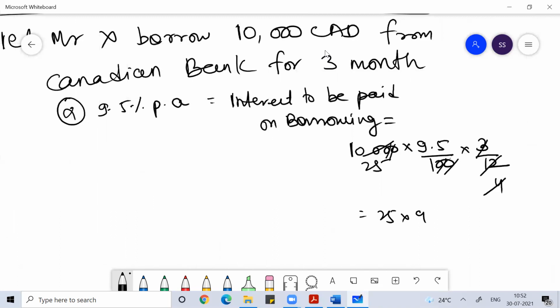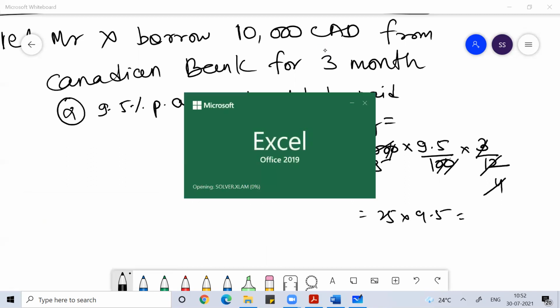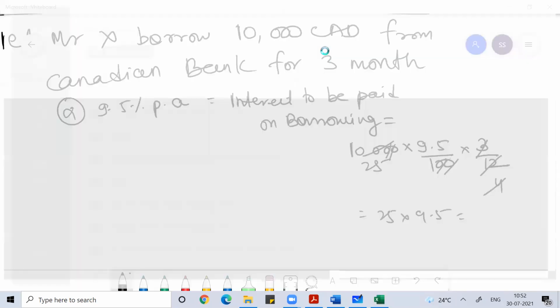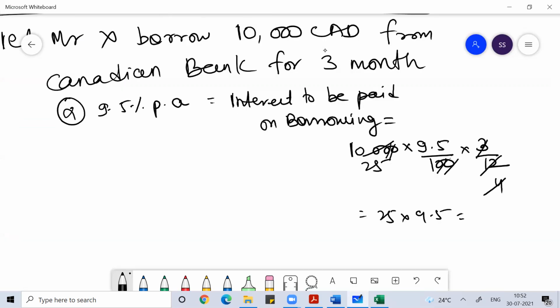That much is the interest. Could I calculate that? 25 into 9.5 is 237.5 Canadian dollar.